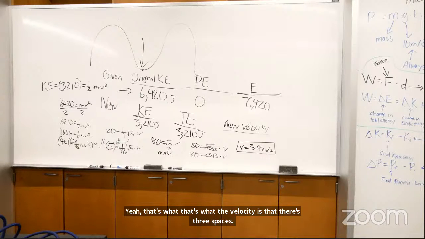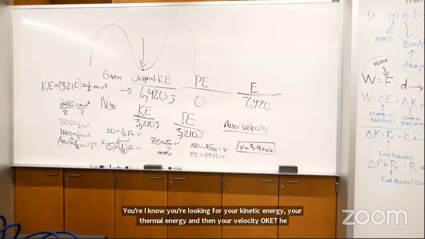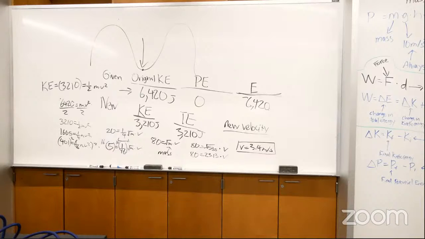So KE, TE, and V. And then it says, write the equation to find the new kinetic energy from the old one. So I would do KE minus KE prime, and prime meaning the new KE. And that'll be the difference, right? Okay, yeah. We could do it.